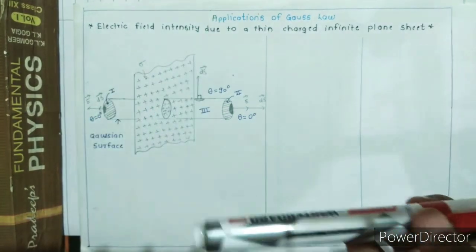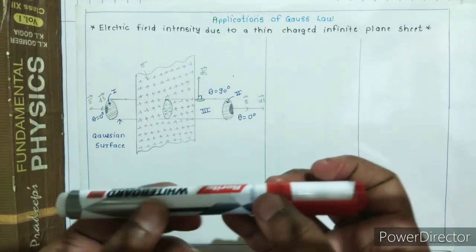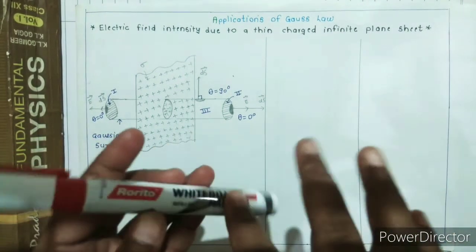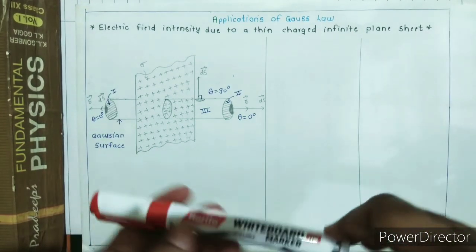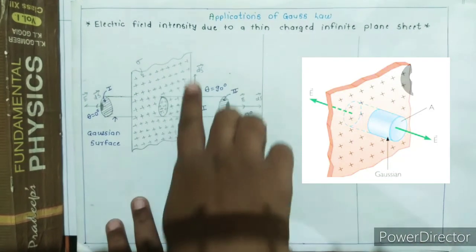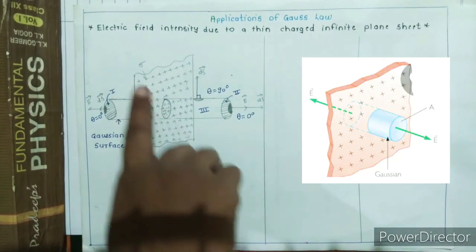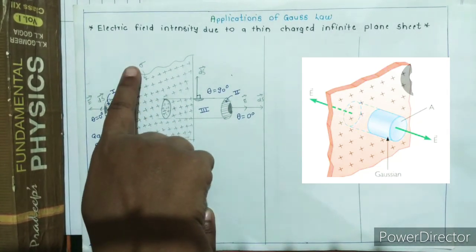Now again it has 3 regions: first region, second region, and this curved part is the third region. So this is an infinite plane sheet, plus q charge is distributed like this. Surface charge density is sigma.